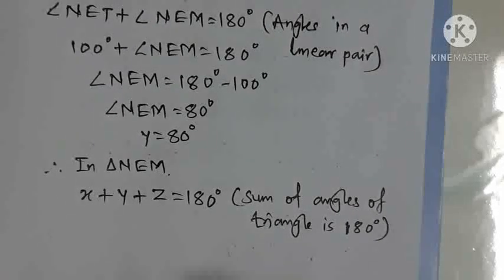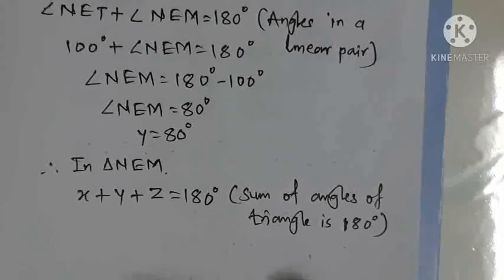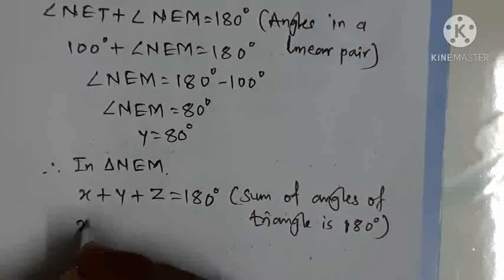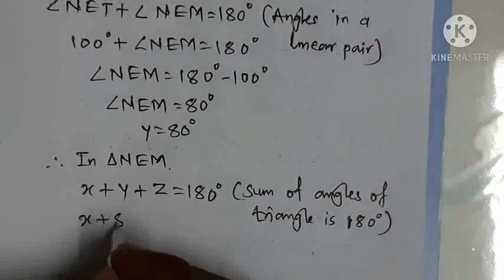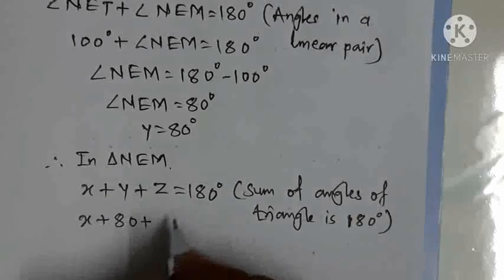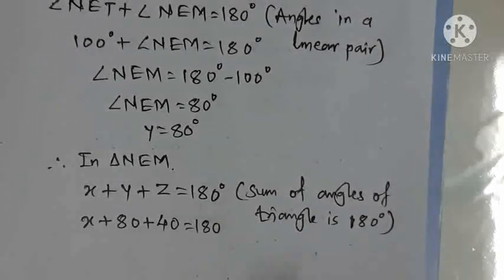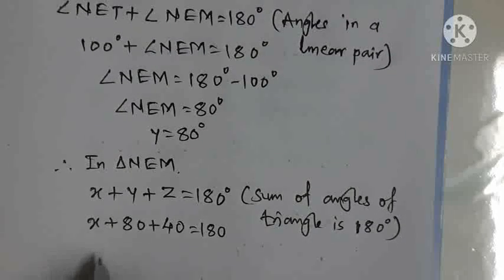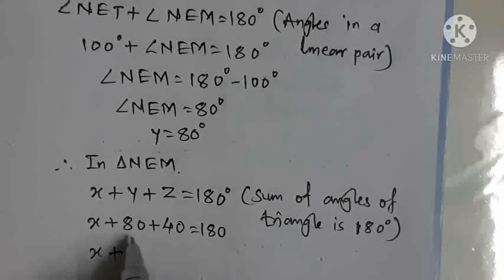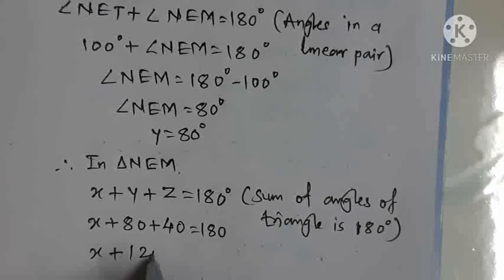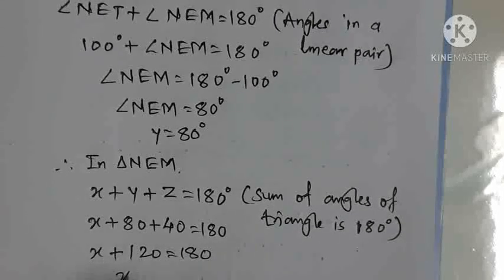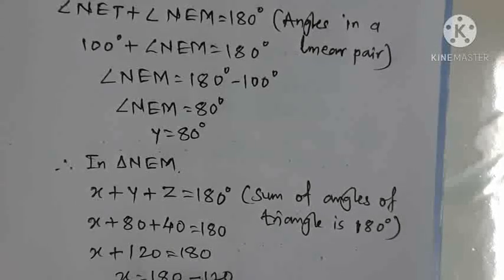Therefore, put the values of angle Y and Z. Here X plus Y, that is 80, plus Z, that is 40, is equal to 180. Therefore, X plus 80 plus 40, that is 120, is equal to 180. Therefore, X is equal to 180 minus 120 is equal to 60.